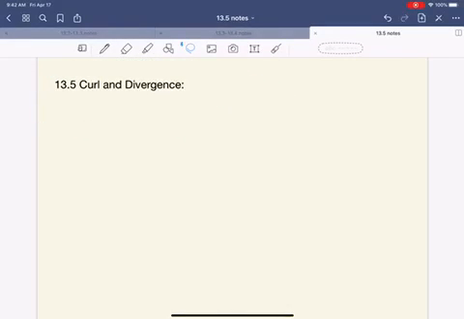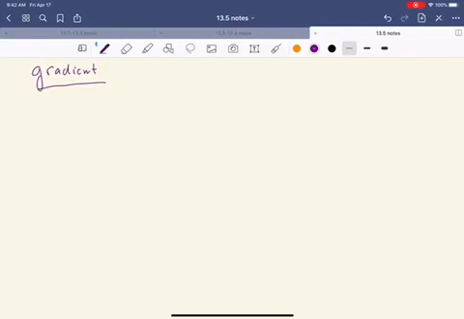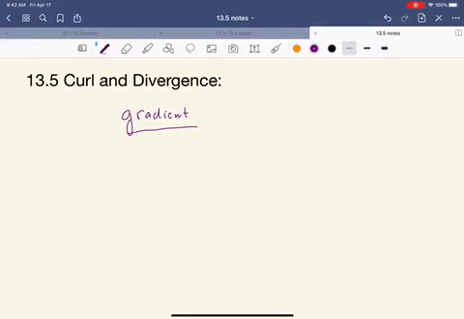Okay, and they're usually also together with one other one that we've already been talking about called the gradient. So let's talk about that first. The gradient. Now, the gradient acts on scalar functions.